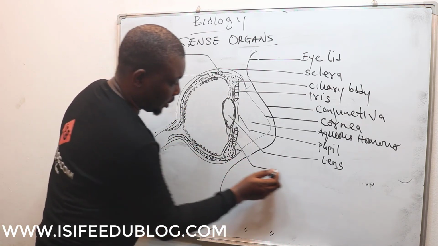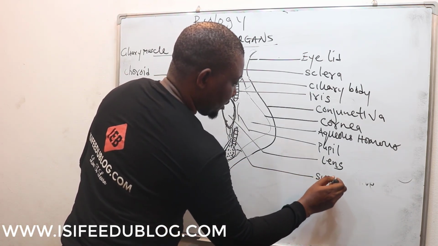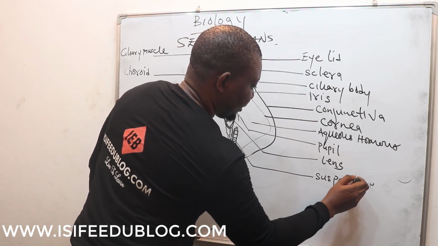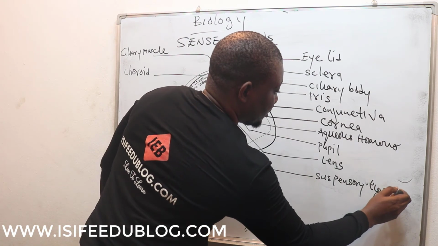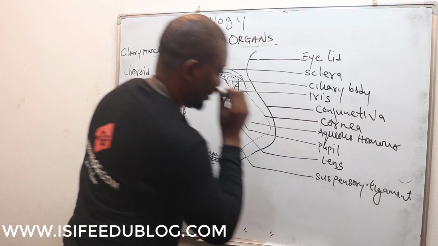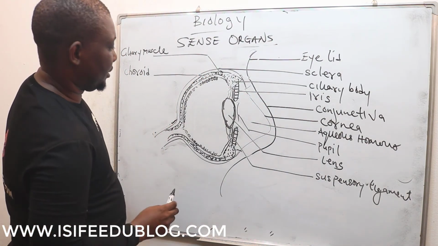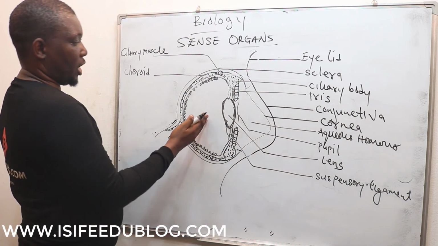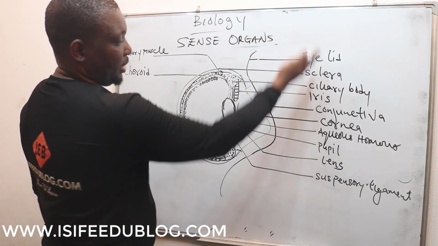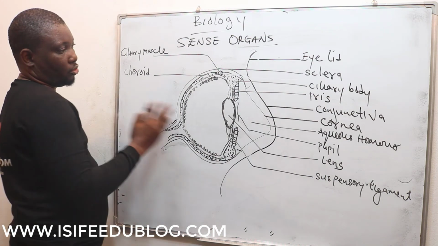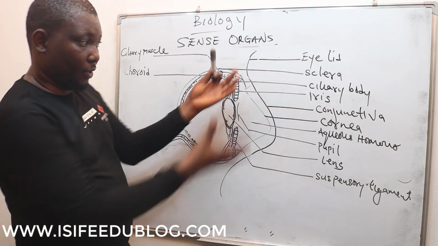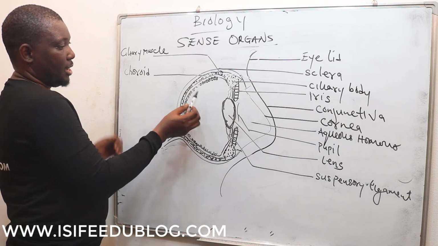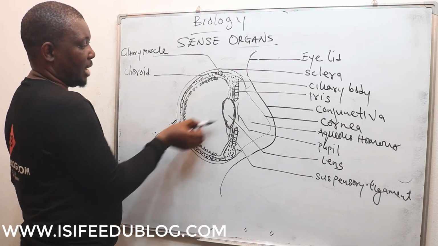This is called the suspensory ligaments. Okay, that is it. Then we can come over here, because I think we have here already filled up. I have to come back to labeling the structure. So we can come over here and label this part of the eyeball.